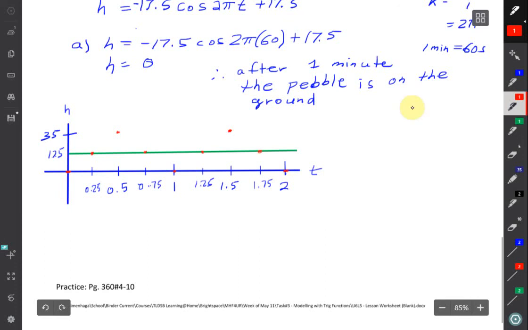So there's our 2 cycles. And it looks a little bit different than our other graph, just in terms of the scale. If you follow the values, it's still the same graph, just the cycle shown twice.